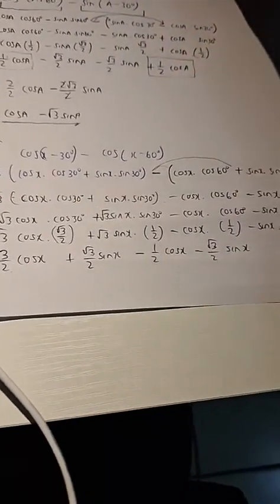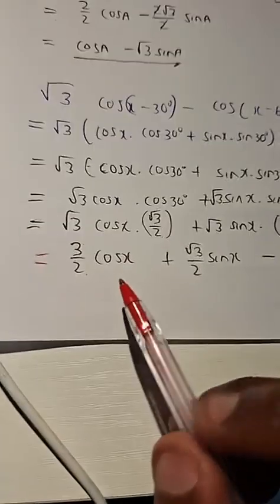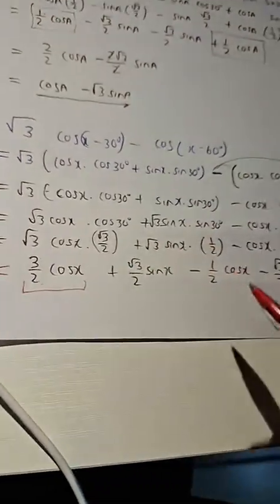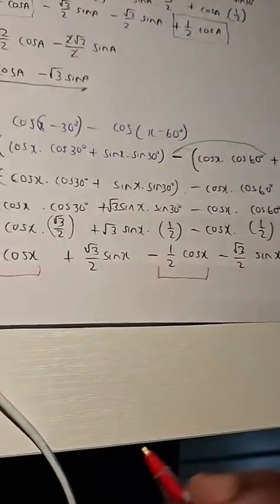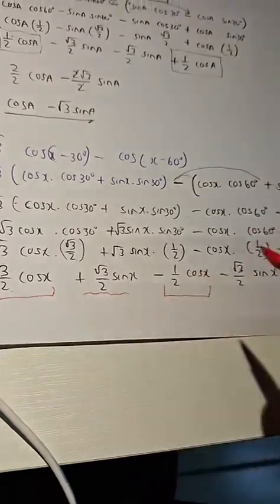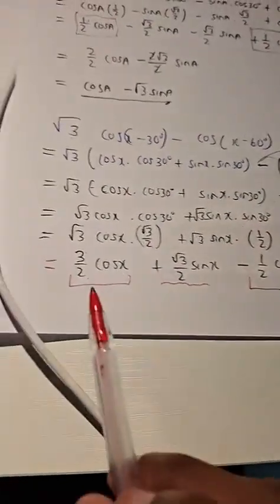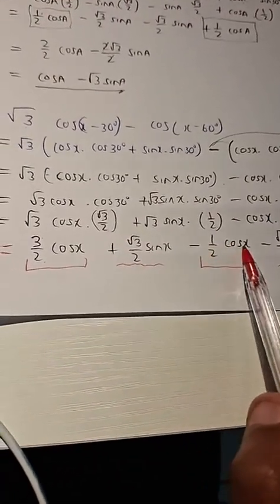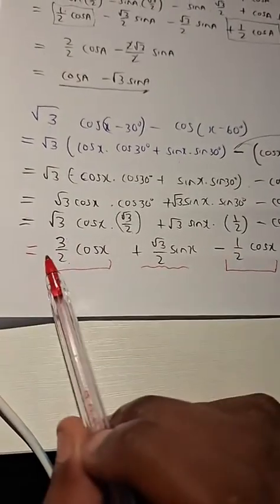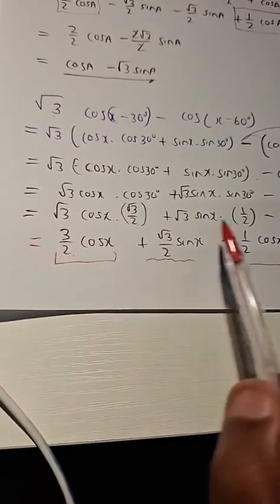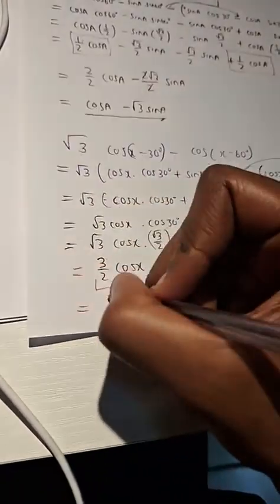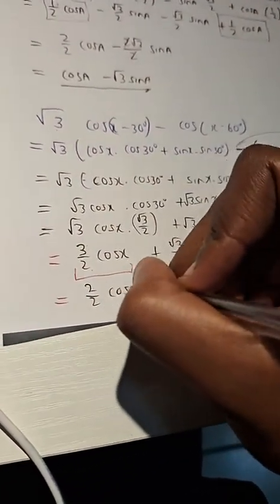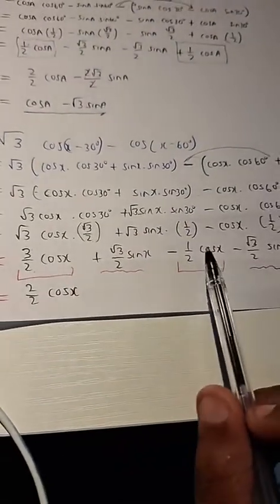Now that I'm here, what do you notice? This one is like term with this one. So root 3 over 2 cos x minus half cos x. Because the denominators are the same, I just simply say 3 minus 1, which gives me 2 over 2 cos x.